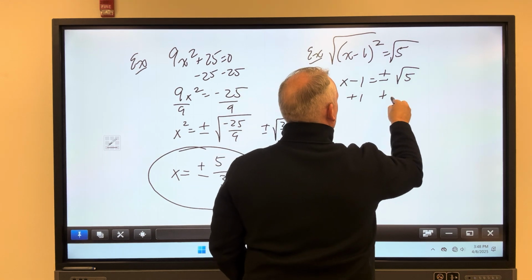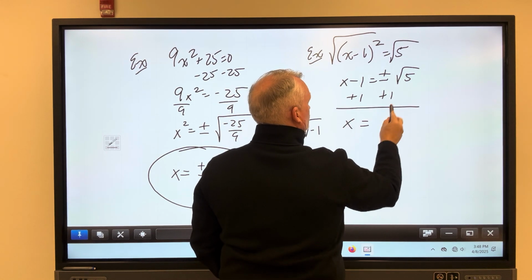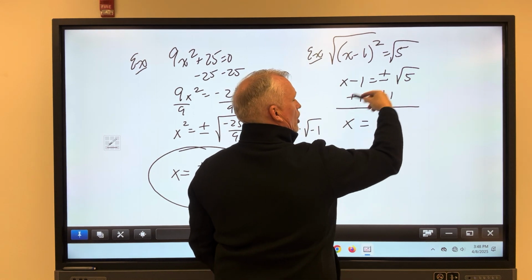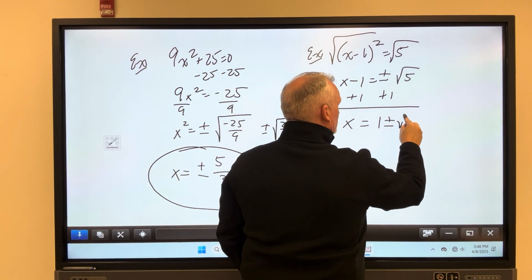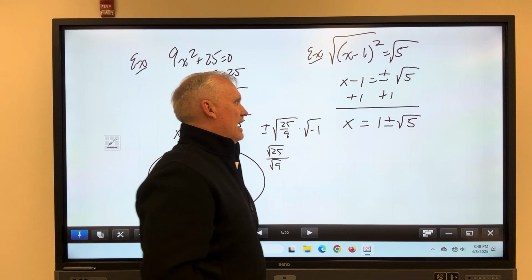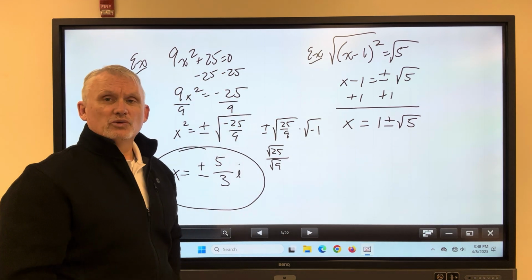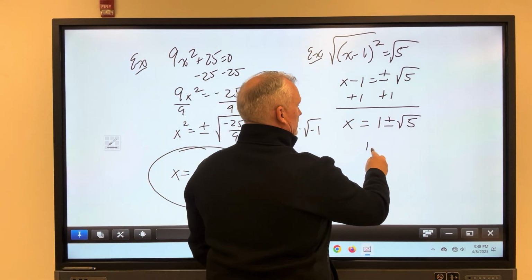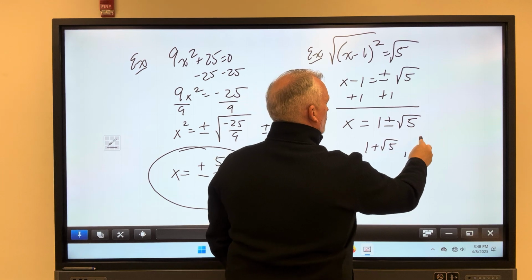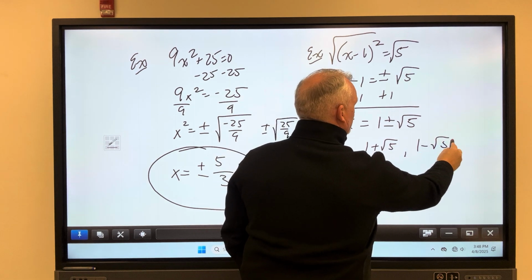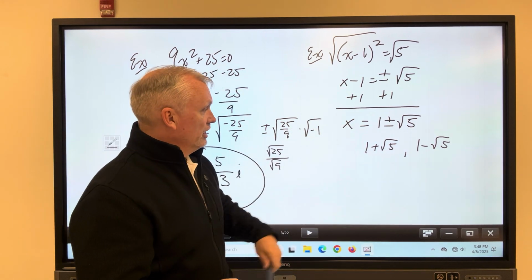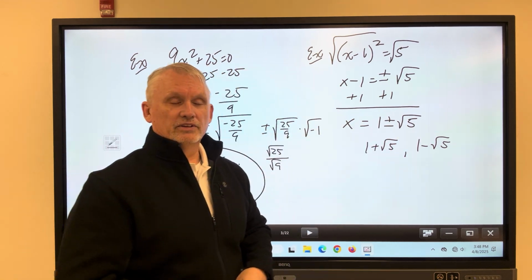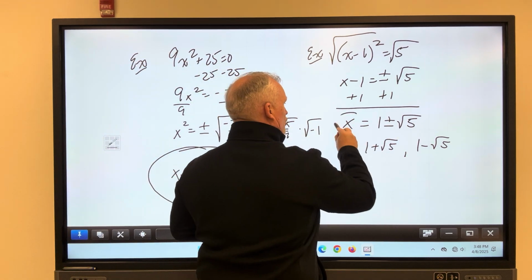X is equal to, put this 1 out in front. Always put that constant out in front. Plus or minus square root of 5. There's two answers there. 1 plus the square root of 5. 1 minus the square root of 5. That's what plus and minus does. It gives you two possible solutions, but I'm just going to leave it just like this. This is a good answer.